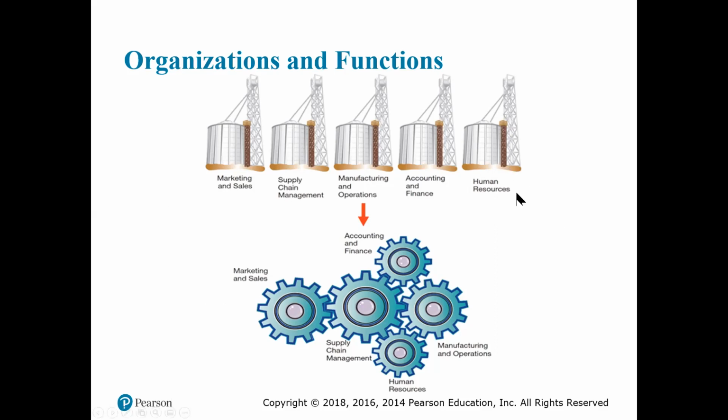And the last, the HR department, is recruiting and training employees. In the future, you are very likely to work in one of these functional areas, depending on your major and specialty, right? These different functions need to work together to maximize the efficiency and effectiveness of the organization.